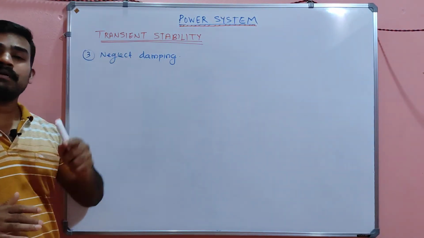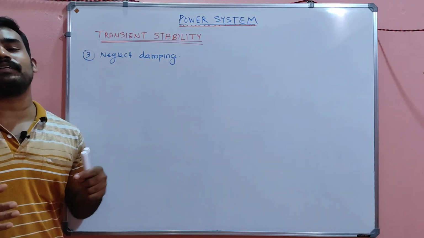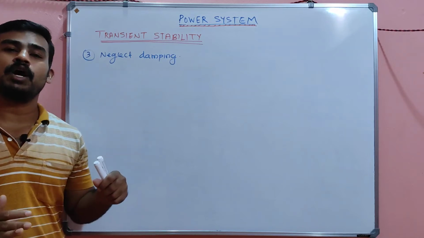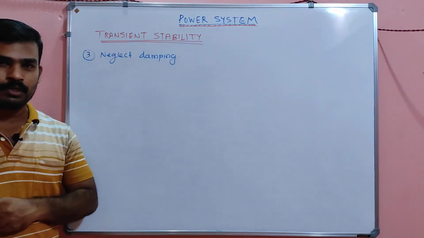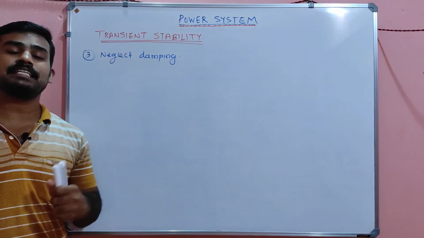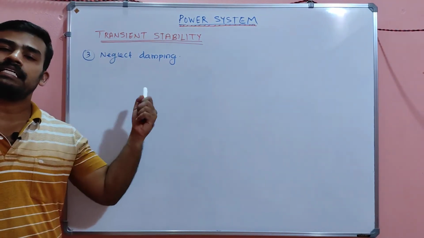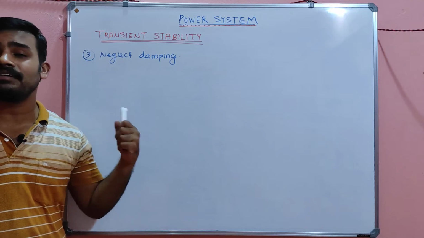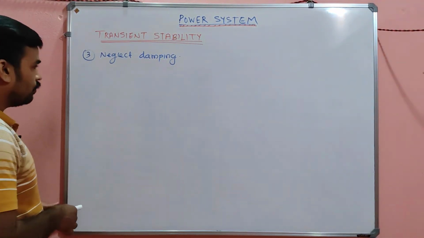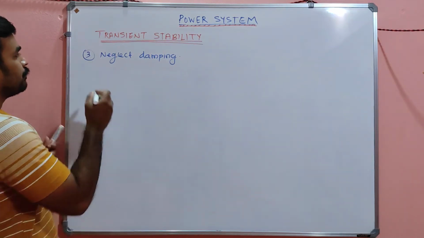The dampers are actually helpers for the power system, which damp the oscillation produced in the system. So for the worst case analysis of a system, are dampers really useful? No, we have to avoid the dampers, so neglect damping.